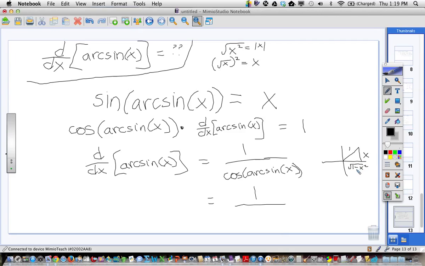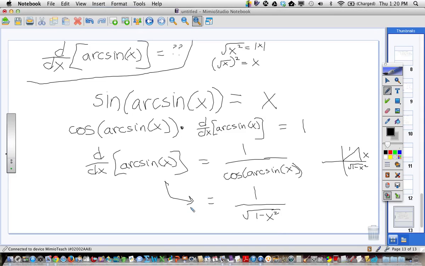And so now come back to my fraction. So this triangle would be this inside, arc sine x, and now I want the cosine of that. So adjacent over hypotenuse. So this bottom is just root 1 minus x squared. It would be that over 1, which is just that radical. And that's the whole bottom. And sure enough, there's our derivative rule.